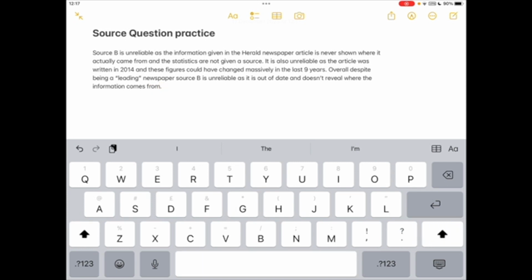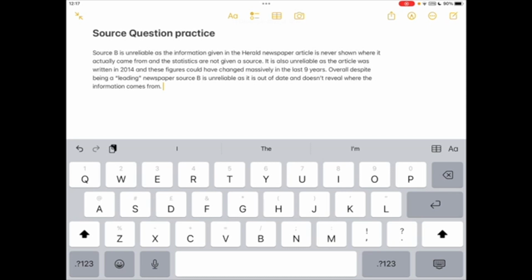Okay, so we're saying it's unreliable, we're saying why, we're giving it something by saying yeah, it's a leading newspaper, so we're addressing that problem, but then we're being strong by saying actually overall it's not reliable because it's out of date and it's not clear where the information comes from. Right, and that's a paragraph for reliability.